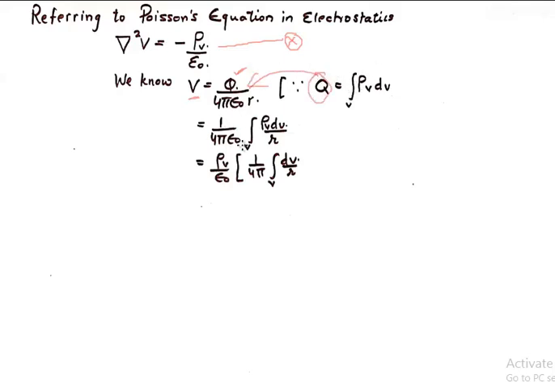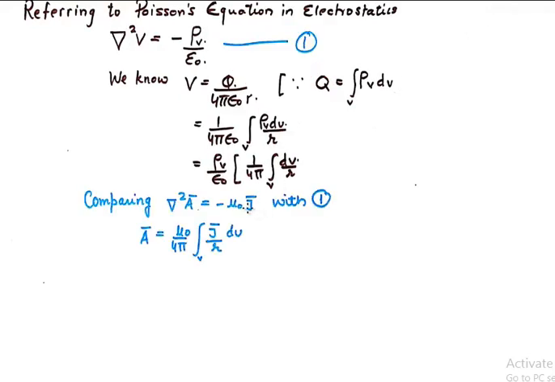So I get 1 upon 4 pi epsilon naught volume integral of rho V dV upon R. And if I compare this equation with the equation that I just derived, the Poisson's equation in magnetostatics, I'll find that my A vector turns out to be equivalent to mu naught upon 4 pi volume integral of J upon R.